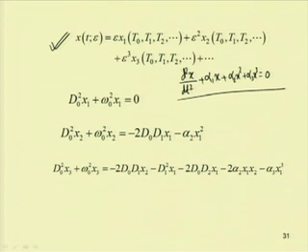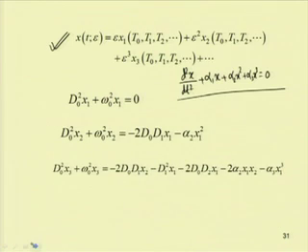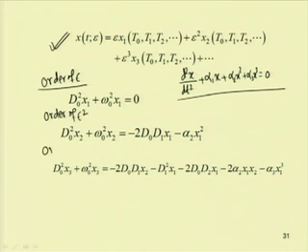In this equation, substituting d square by dt square equal to D0 square plus 2 epsilon D0 D1 plus epsilon square D1 square plus 2 D0 D2, and x equal to epsilon x1 plus epsilon square x2 plus epsilon cube x3, and separating the orders of epsilon, one can write this term as order of epsilon, this term as order of epsilon square, and this as order of epsilon cube.